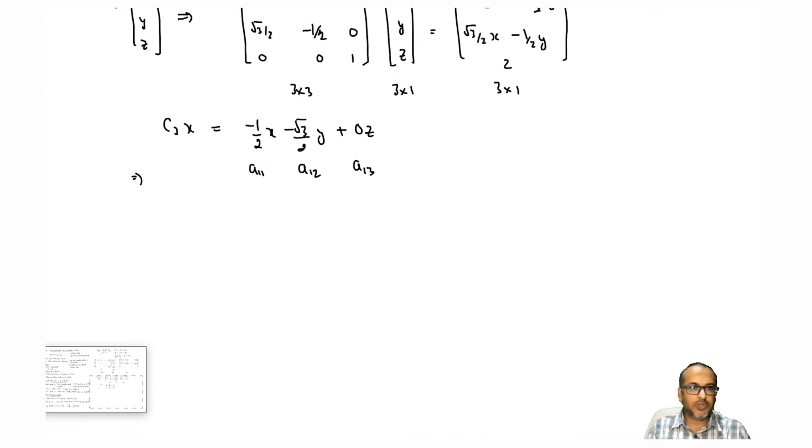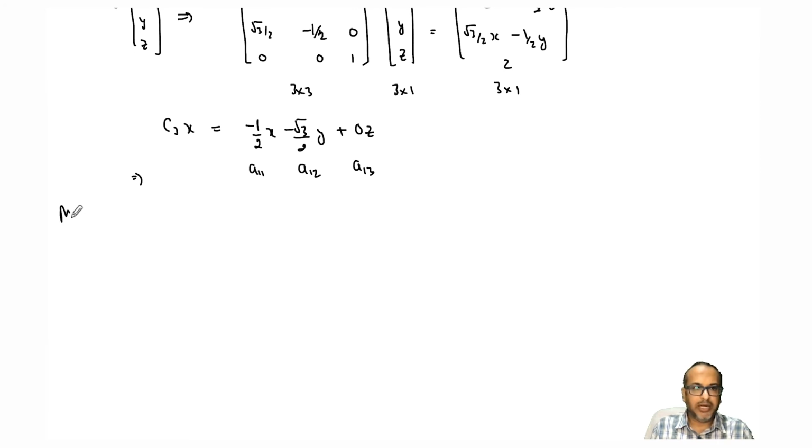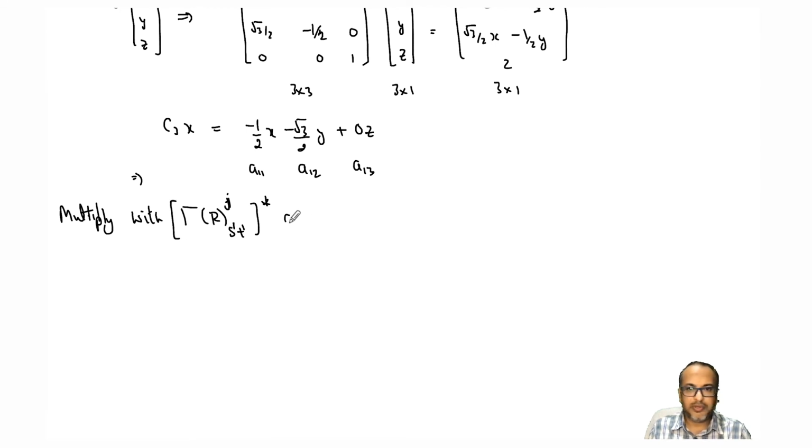You already know that. So now, if to the original equation which we had written earlier, we multiply with tau r s prime t prime j, and let's say star, and taking sum over all r, right?